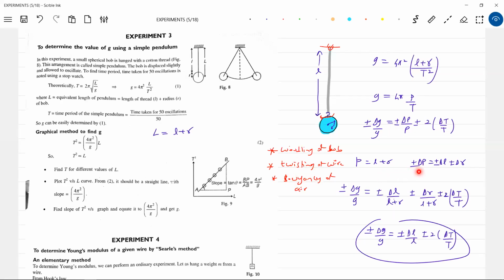This is probably the first time you have seen it, but in the lab manual we do have a description like this. They will trouble you with questions like: what happens if I pick a bob whose radius is comparable to the length? Then you use this one. If the radius of the bob is very much less compared to the length of the string, then use this one.